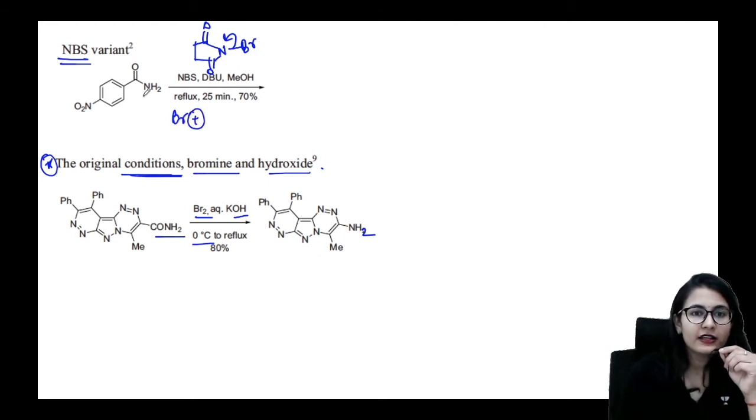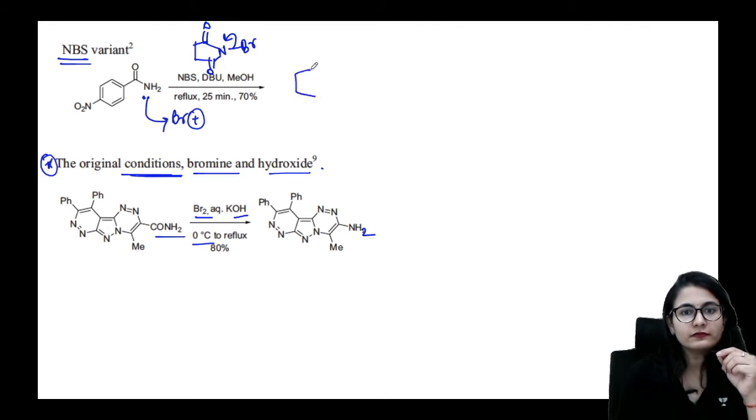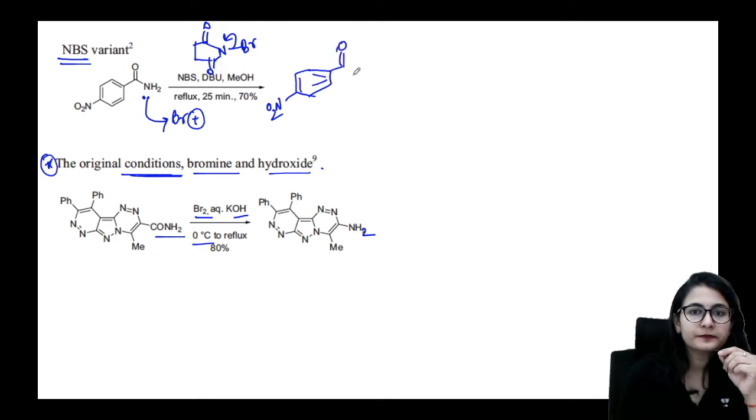Okay, like this. So let's say you are getting a bromine electrophile, still the reaction would be the same. You have NHBr over here, all right, and then what you can do is DBU is a base, so this DBU molecule can remove this proton from here.